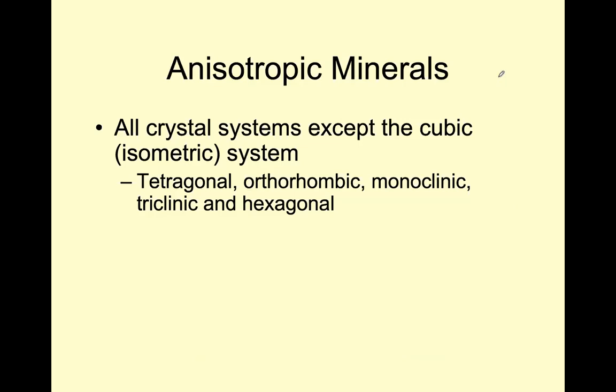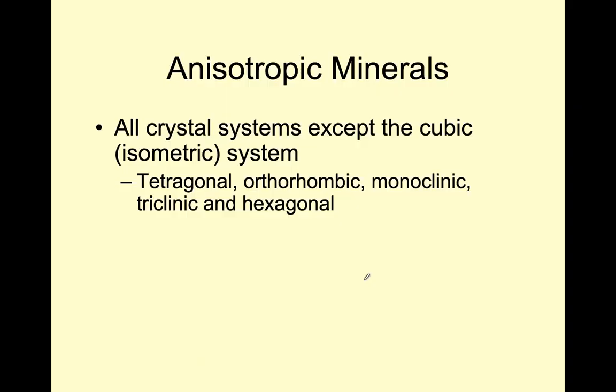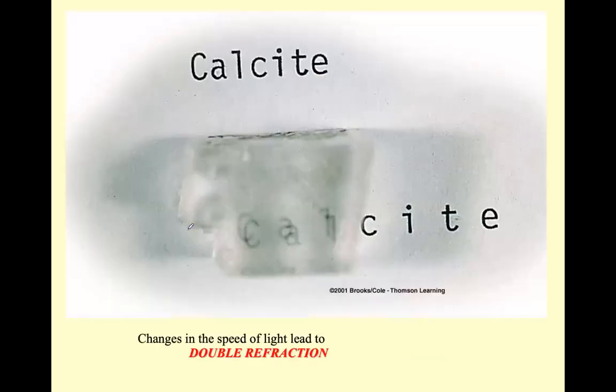Remember these minerals. We have categorized them as isotropic and anisotropic. And anisotropic minerals we again categorize as biaxial, uniaxial, like that. So you can remember the crystal systems as well.